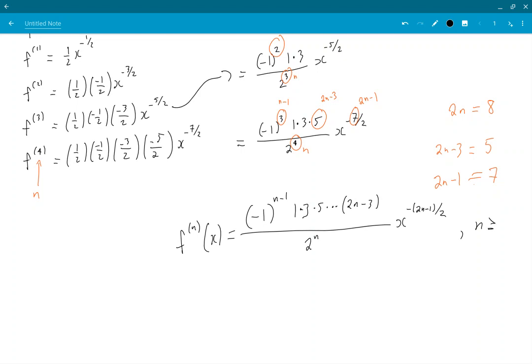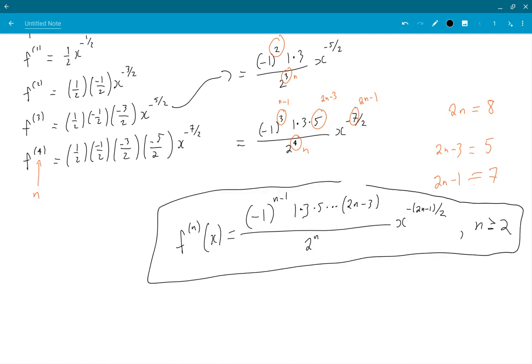It's bigger than or equal, actually. Because the formula doesn't really make sense for n equals 0, n equals 1. But that's not a big deal because I can just do those cases separately.